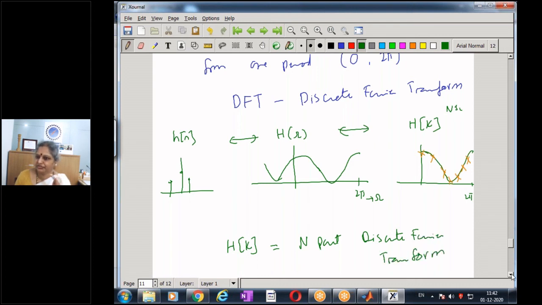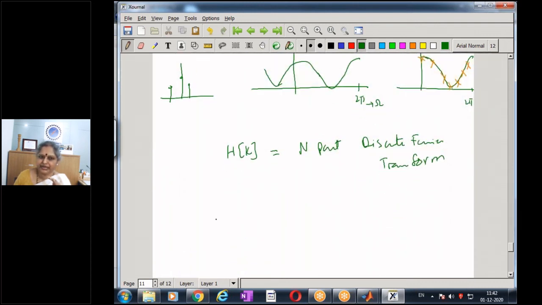The n-point discrete Fourier transform. And for notation, if I have h of n, the discrete Fourier transform is given by h of k. Of course, I can go this way: I can take h n, compute h of omega, and then take equally spaced samples, and I'll get this.